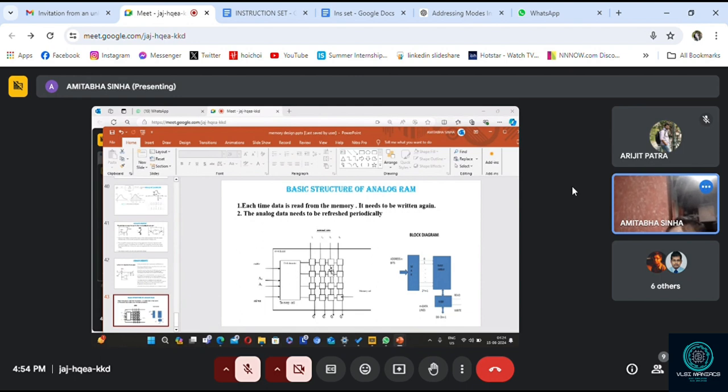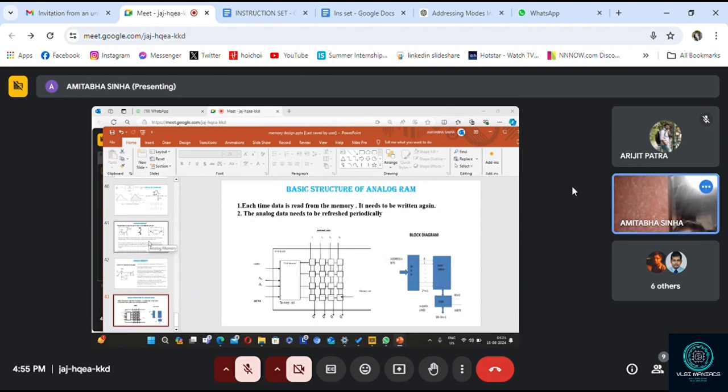Now this diagram corresponds to a 4 into 4 bit digital memory. In our case, we are going to design an analog memory, so there is no question of bits. In each row, instead of 4 blocks, there is a single block. Each block corresponds to one analog sample storage. What is the analog sample storage?